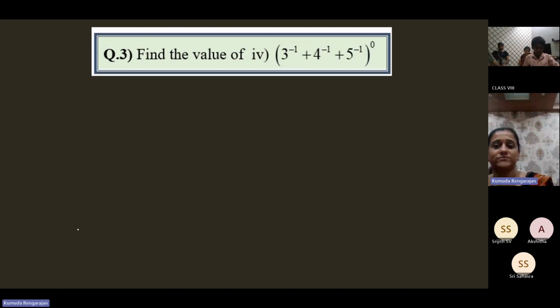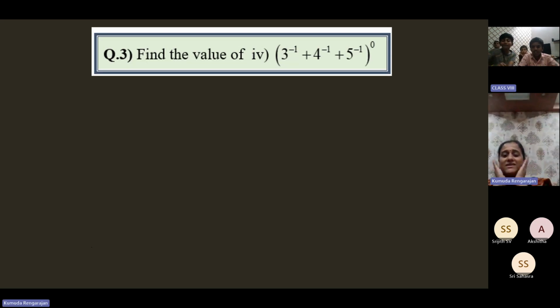Next one, children. As Dhanvan rightly mentioned, don't underestimate this question. Without working, can you say the answer? Ma'am, 1/3 plus 1/4 plus 1/5.